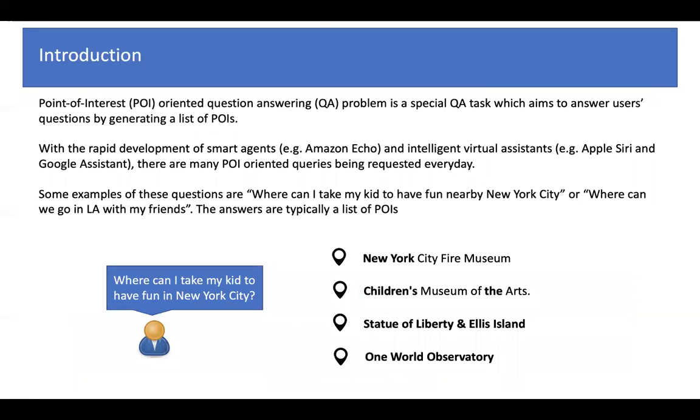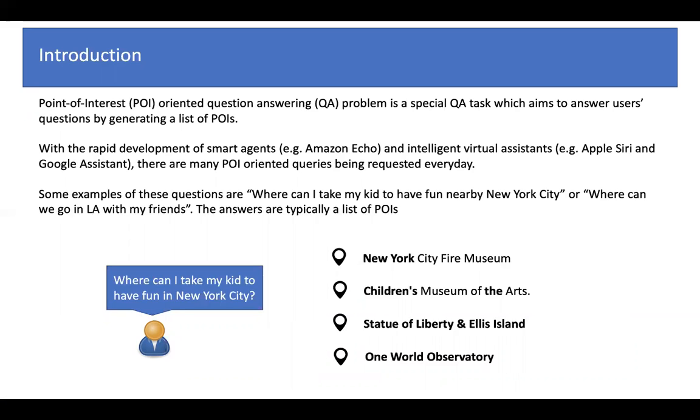POI-oriented question answering problem is a special QA task which aims to answer users' questions by generating a list of POIs. With the rapid development of smart agents and intelligent virtual assistants, there are many POI-oriented queries being requested every day. Some examples of these questions are, where can I take my kid to have fun nearby New York City?